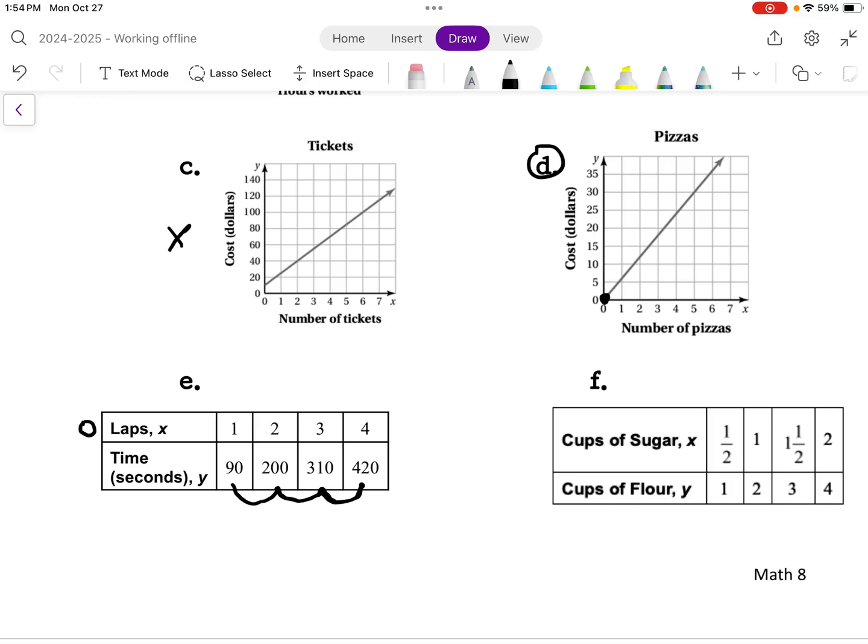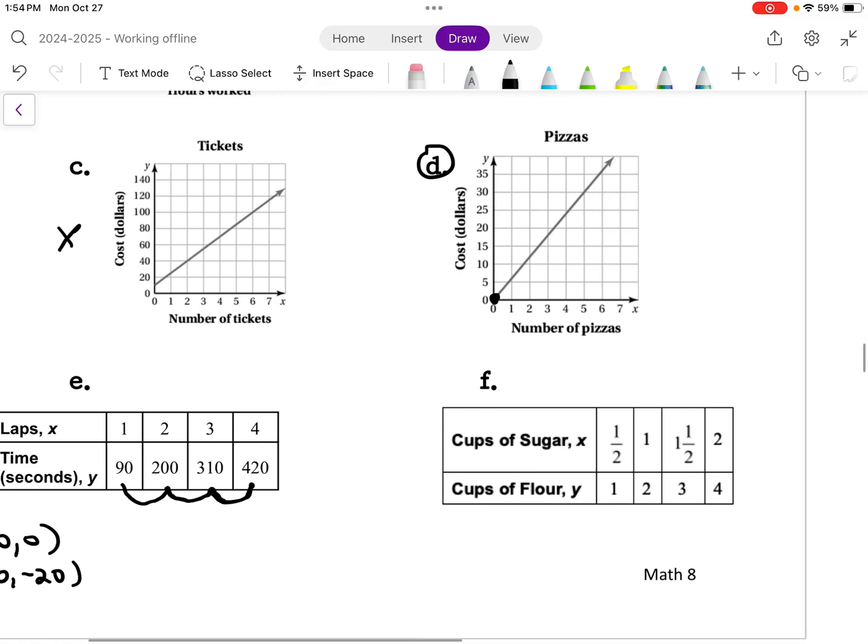If I subtract another 110, I would end up at negative 20. And what I'm looking for here is 0, 0 to be one of my points. And in this case, it is not. The point would have been 0, negative 20, but not 0, 0.